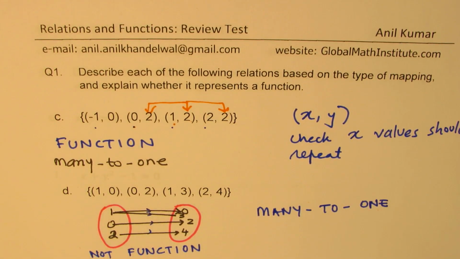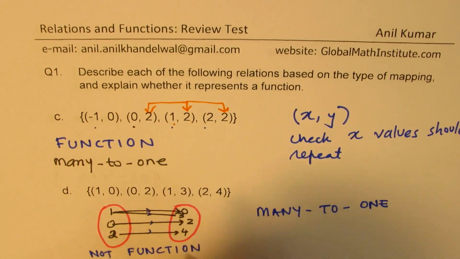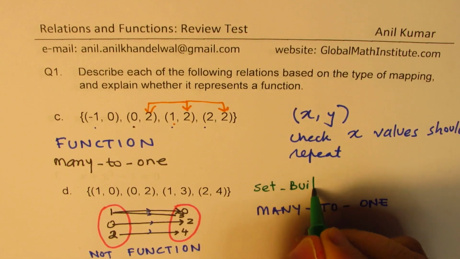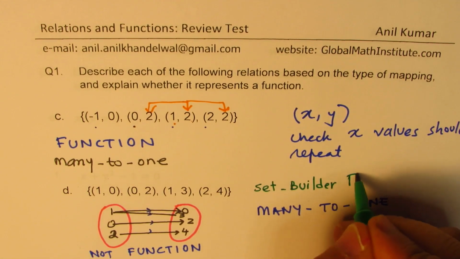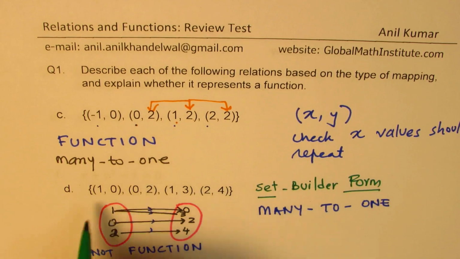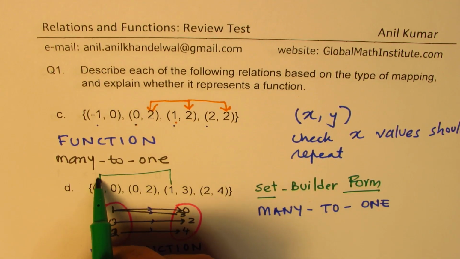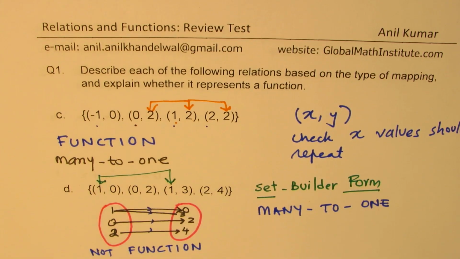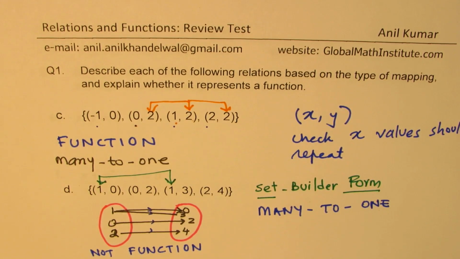Is that clear to you? So once you make a mapping diagram, it is absolutely clear. Whenever you're given the relation in set builder form, this is also called set form in short. So what you notice here is that the x values are repeated. They have different y values. Y values are not unique, right?